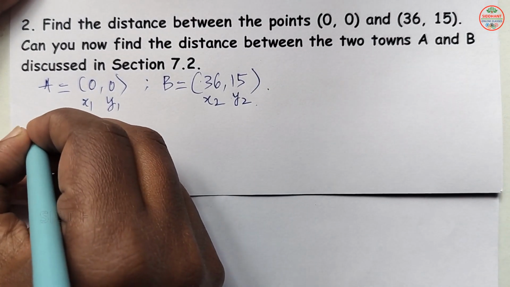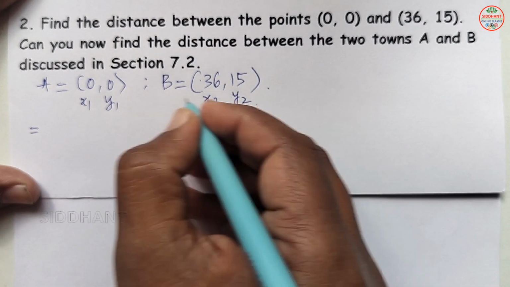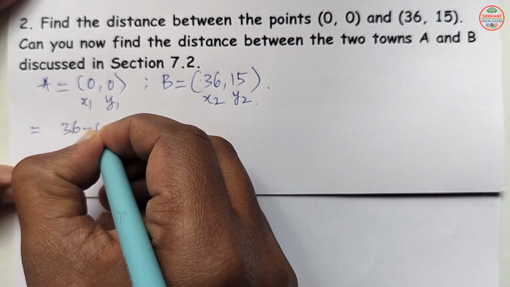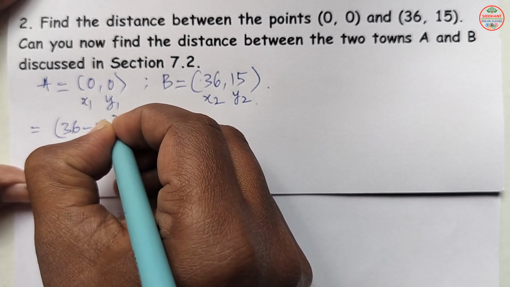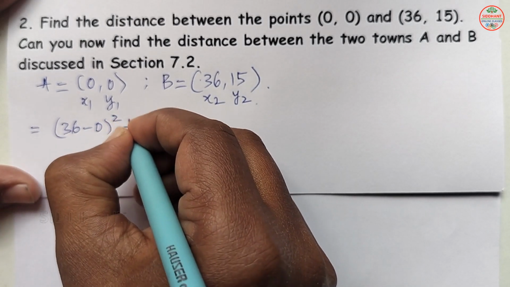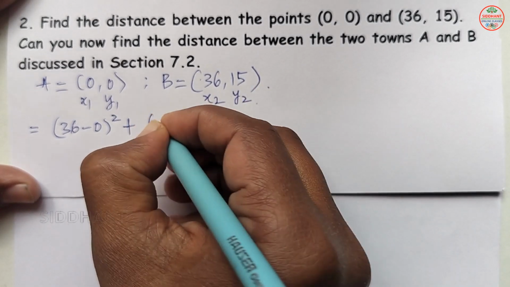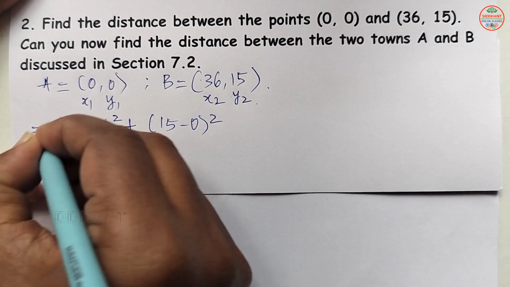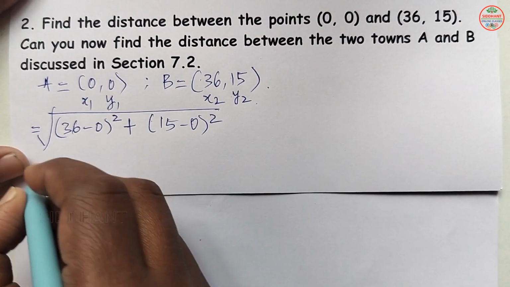So when you find the distance, first x2 minus x1, that will be 36 minus 0 whole square, plus 15 minus 0 whole square, under the root.